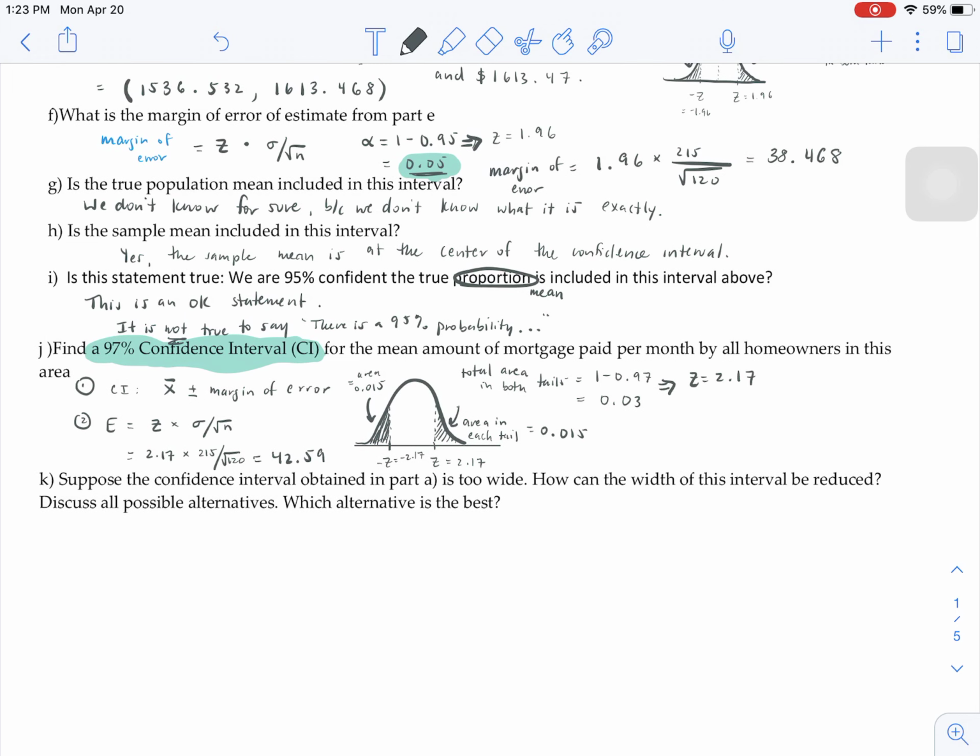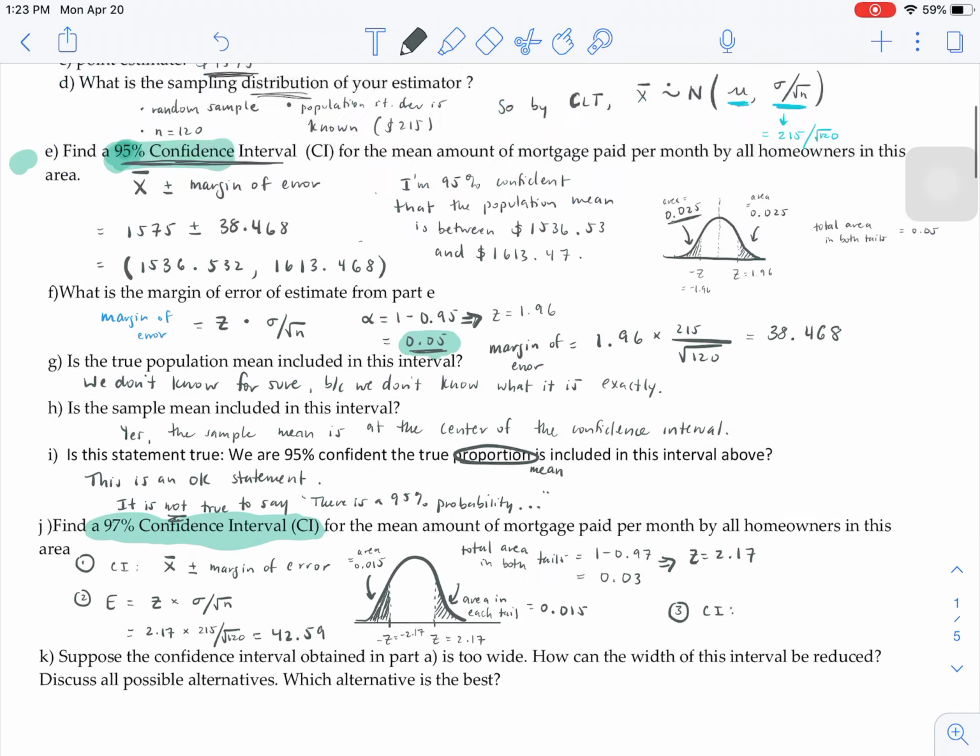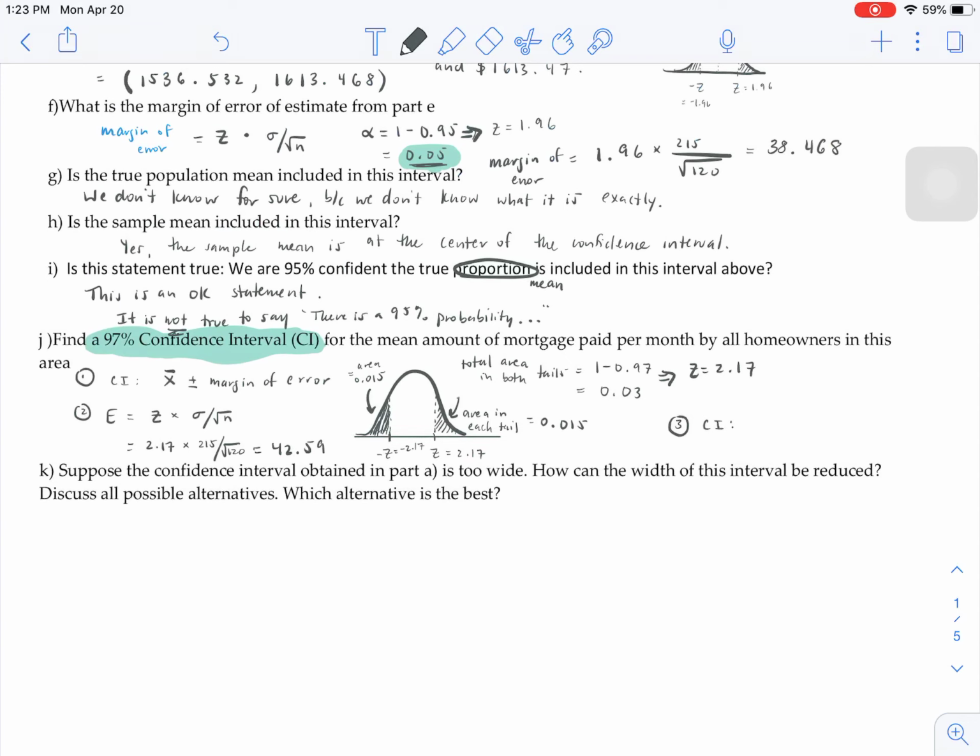So then lastly, I can construct my confidence interval. I'll do this over here. I take my sample mean plus or minus my margin of error, and I get, let's see, sample mean was 1575 plus or minus 42.59.